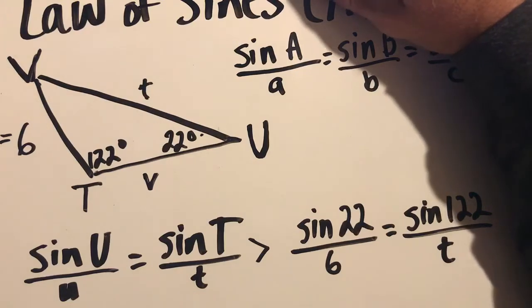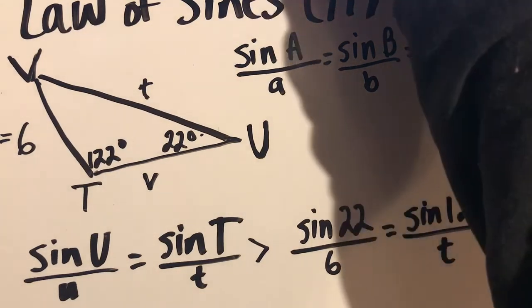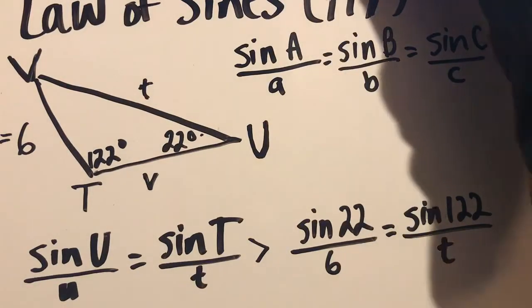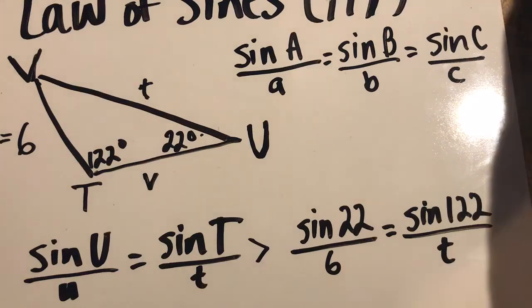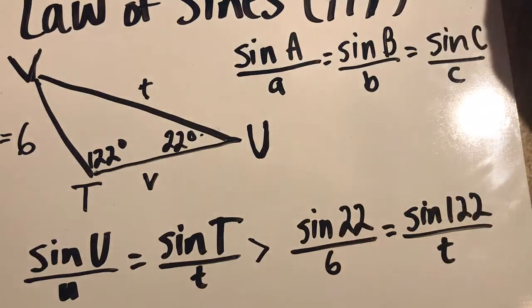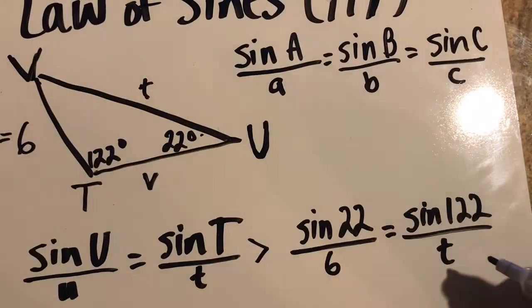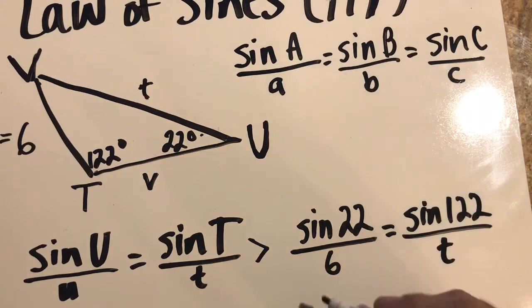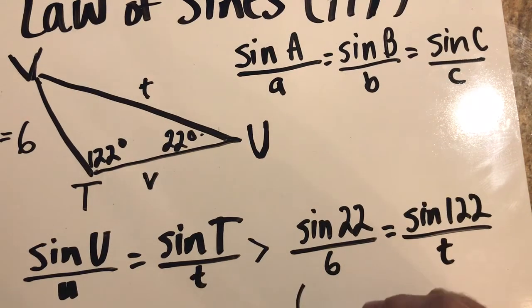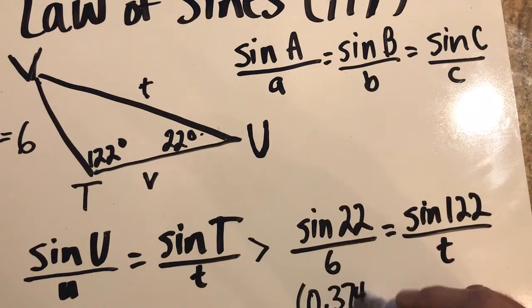And the sine of 22 is 0.3746, rounded to the nearest 10,000th.